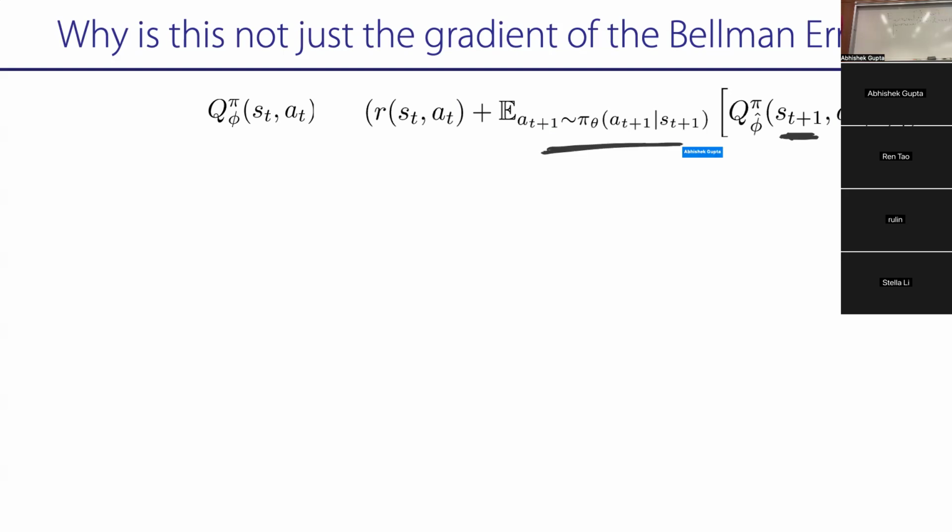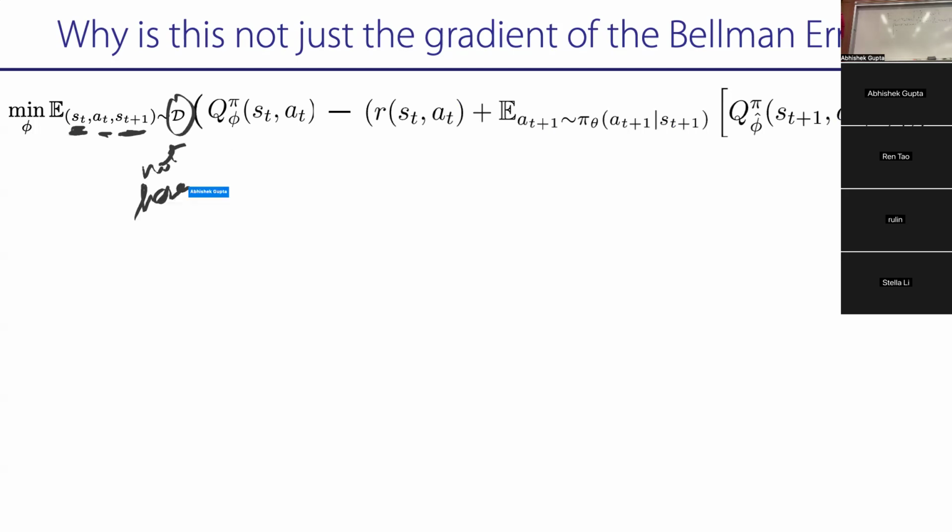Okay, so the full update is going to look like you sample ST, AT, ST plus 1 from your data, which means that ST plus 1 is according to the dynamics. It has to be, it's in the same environment. So it's from the dynamics. But D does not have to be pi. It does not have to come from pi. It can come from anything else. And that's why it's off policy.